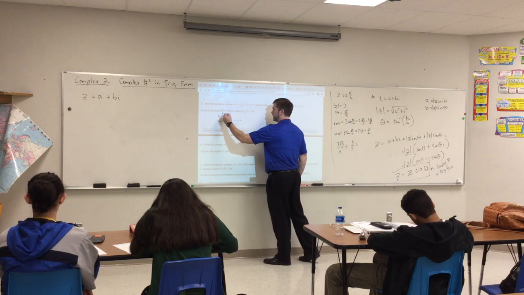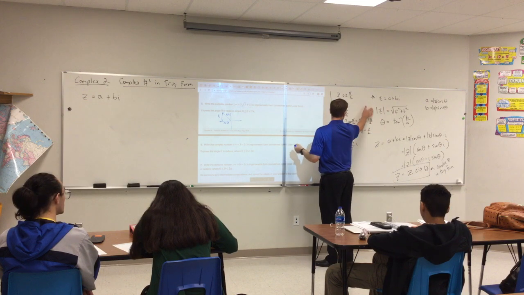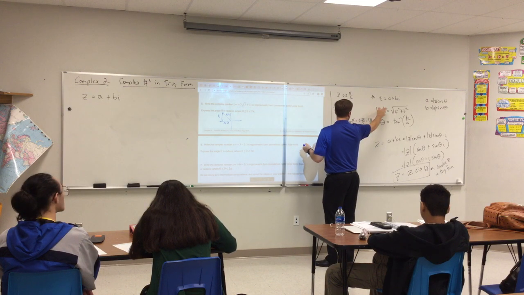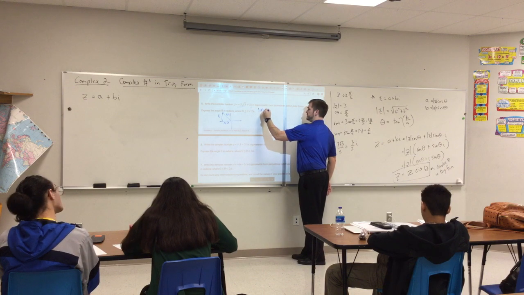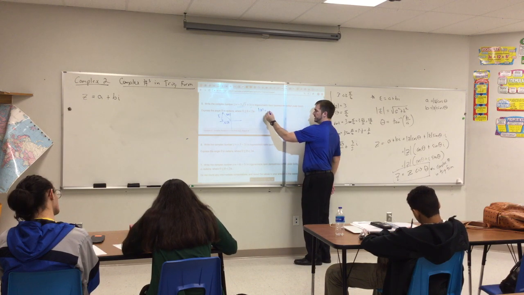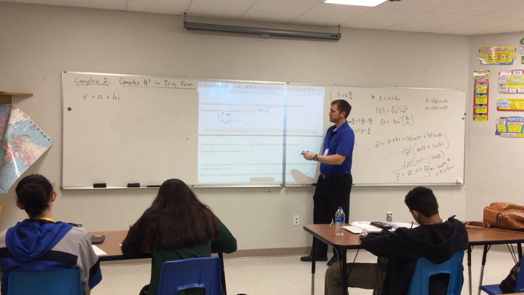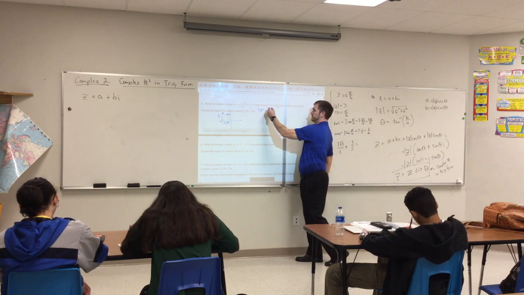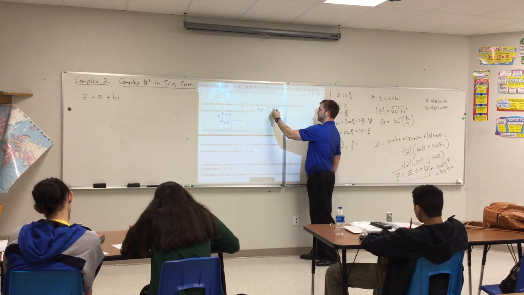First, we're going to need the magnitude. And if you remember, we can find the magnitude through the Pythagorean theorem. So the magnitude is the square root of the sum of the squares: the square root of 5 squared plus negative 5 root 3 squared.